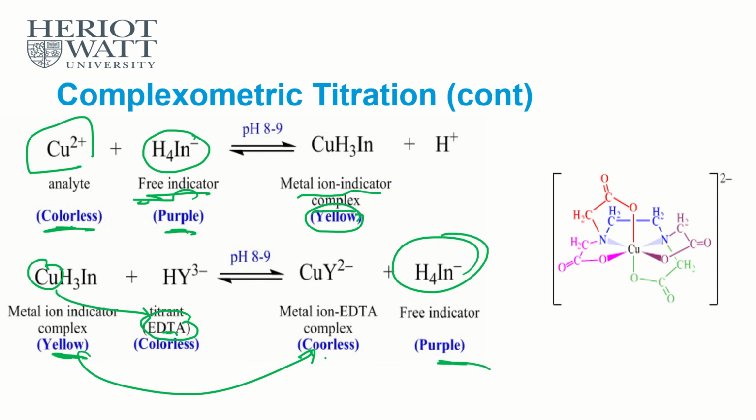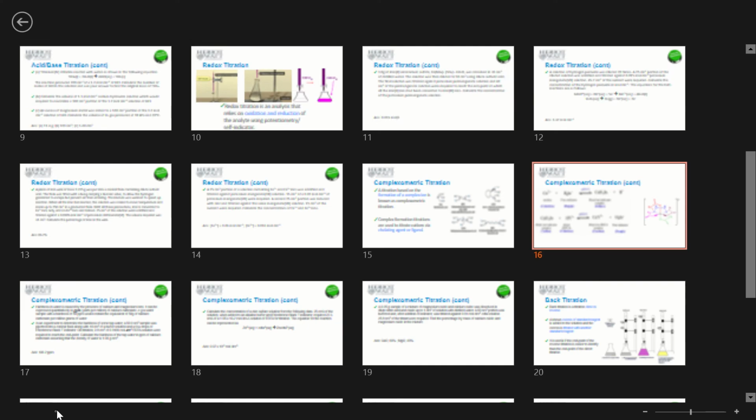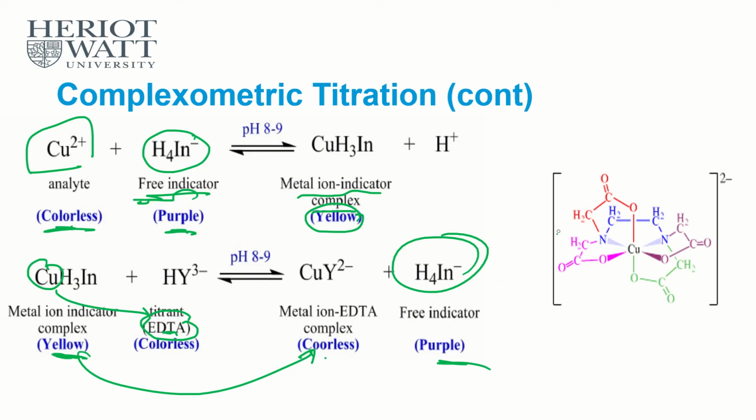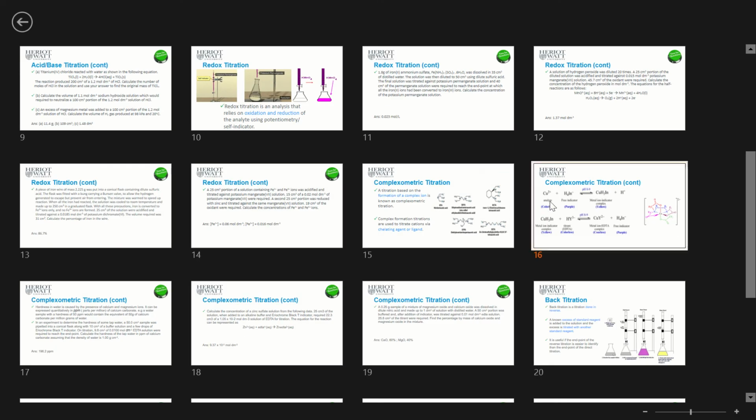So basically in this whole process, first we combine the copper with the purple indicator, turn it into yellow, and then we titrate it with EDTA, changing from yellow back into purple. So when it's back to purple, from this whole process, we can identify the amount of copper ions in it. Let me explain in more detail. So yeah, oops, sorry.